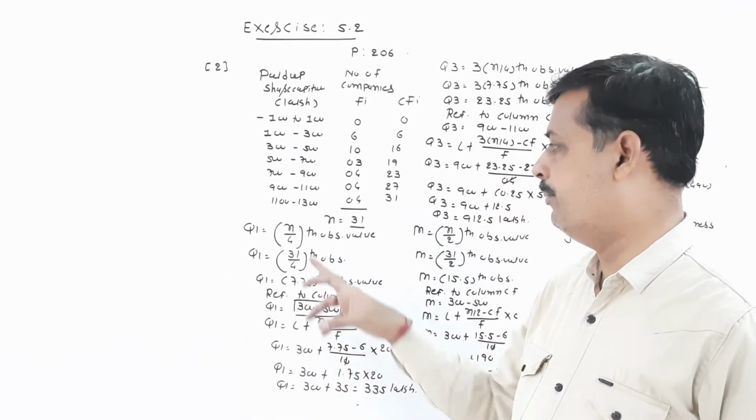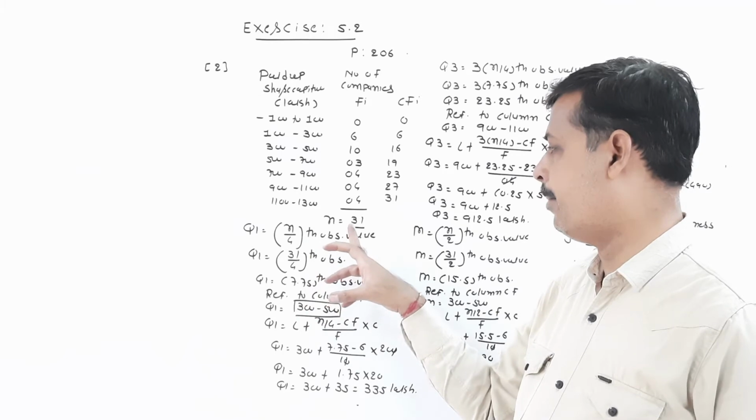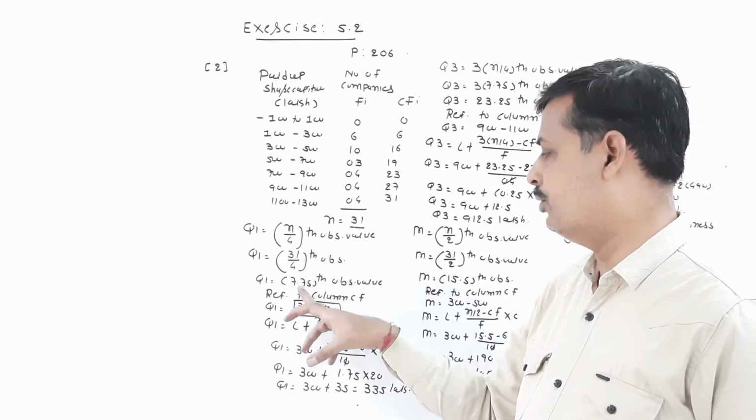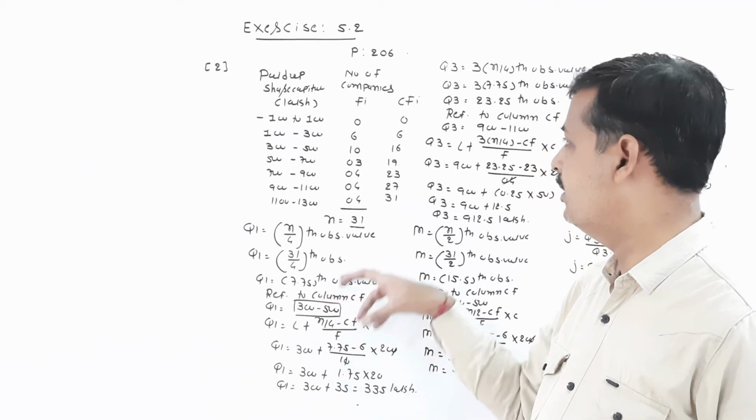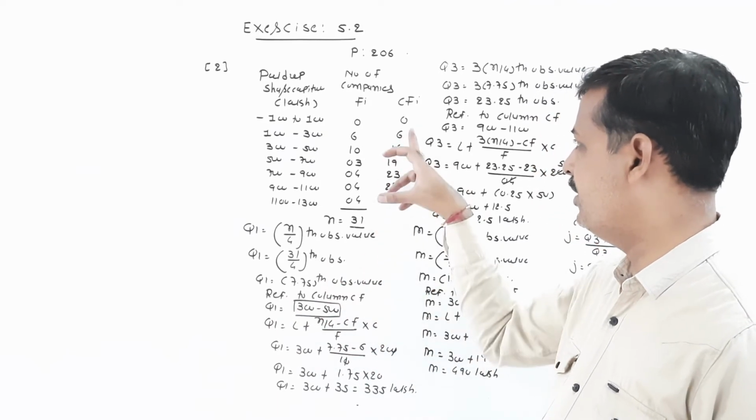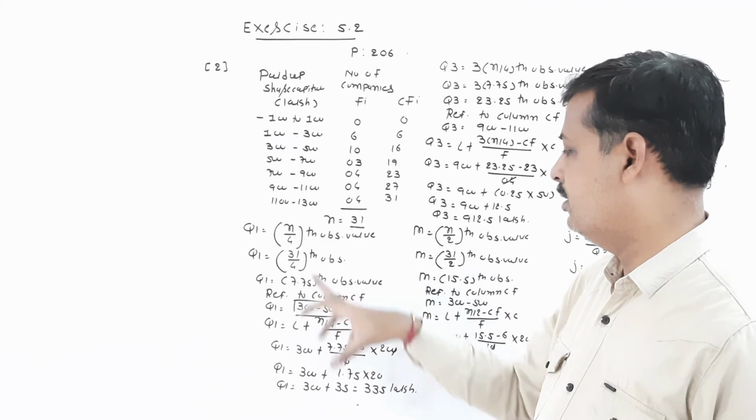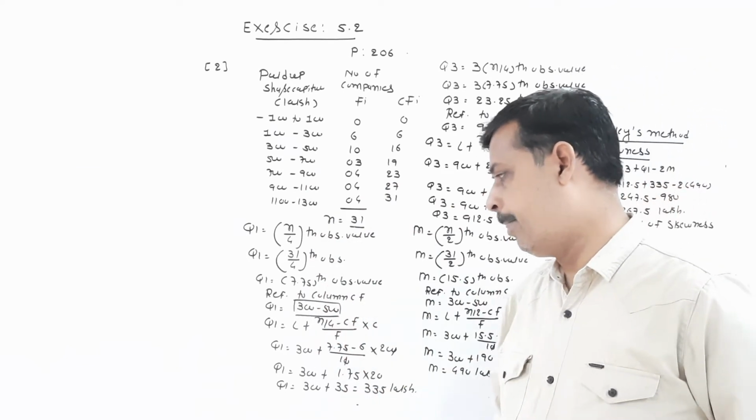Q1 is equal to N by 4 observation, 31 by 4, 7.75, referring to column CF. We got 7.75 from 6, so 300 to 500.